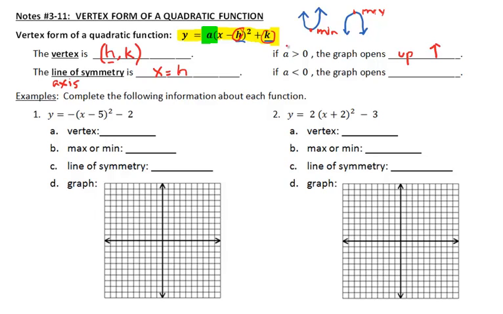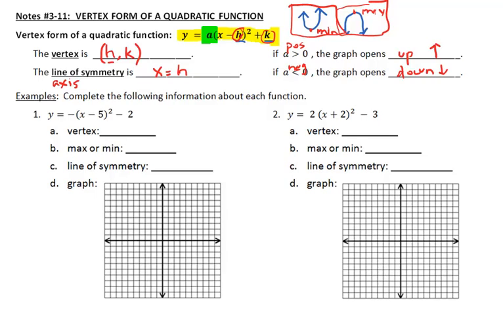If a is less than 0, or it's negative, then the graph is going to open down. When the graph opens down, the vertex is a max. If the graph opens up, the vertex is a min, or a minimum. We're going to use those in just a moment.